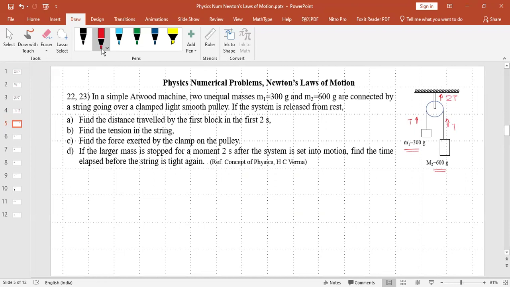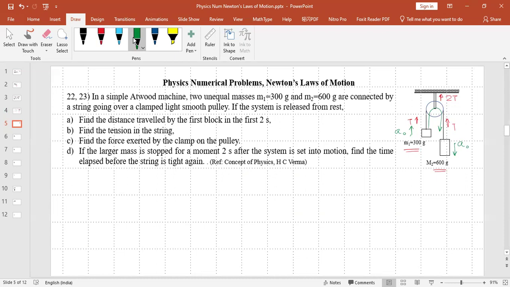And both of them will have the same acceleration. Let us say this acceleration is A0, upward. Of course, this one is lighter, so it goes upward. This is the heavier body, with acceleration A0.